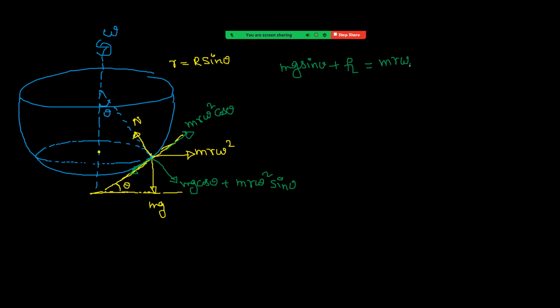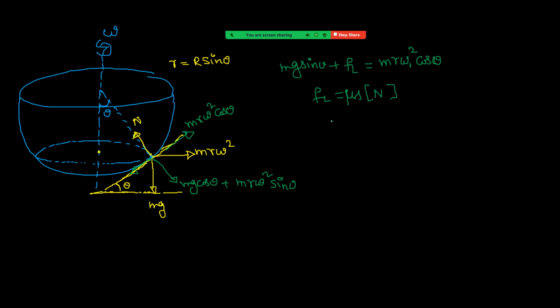I'm taking it as omega 1, the maximum value, m r omega 1 square cos theta, and f limiting as usual is mu s into normal reaction. And the normal reaction is, it is known, mg cos theta plus m r omega square sin theta, right? That is the N value.